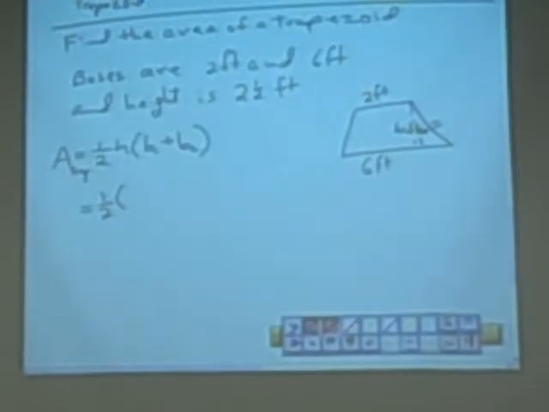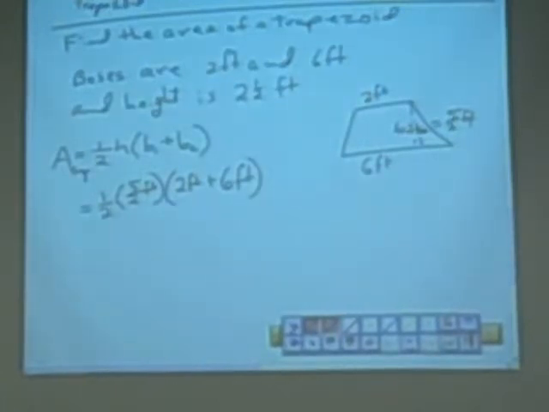So 2 1/2 as an improper fraction is going to be what? 5 over 2 feet, right. Okay, so we're going to put 5 over 2 feet, and then base 1, what do we put in there now? 2 feet plus 6 feet.